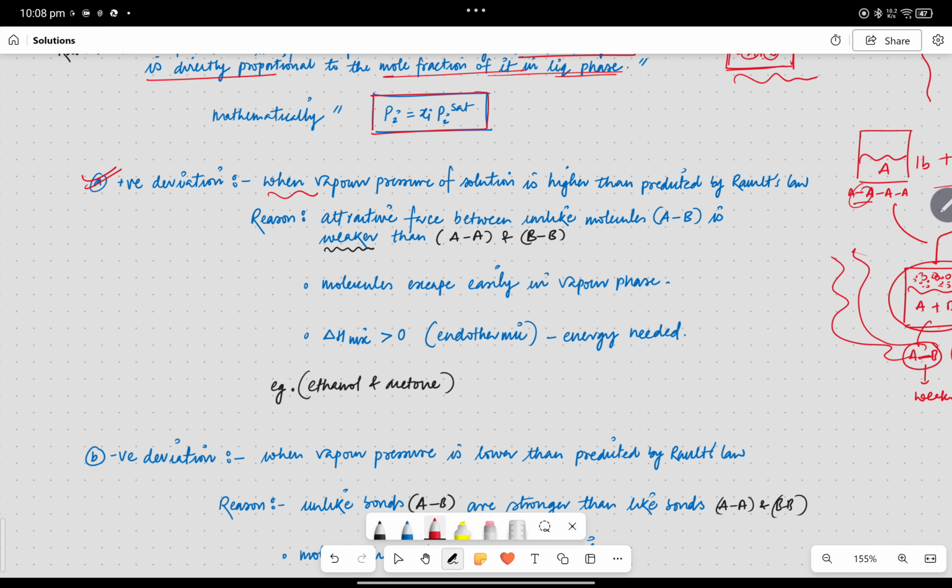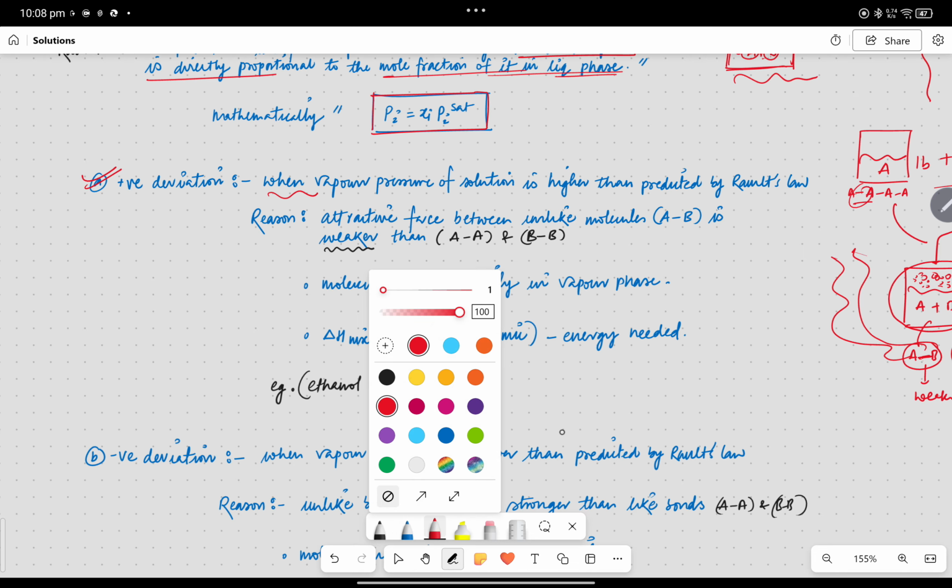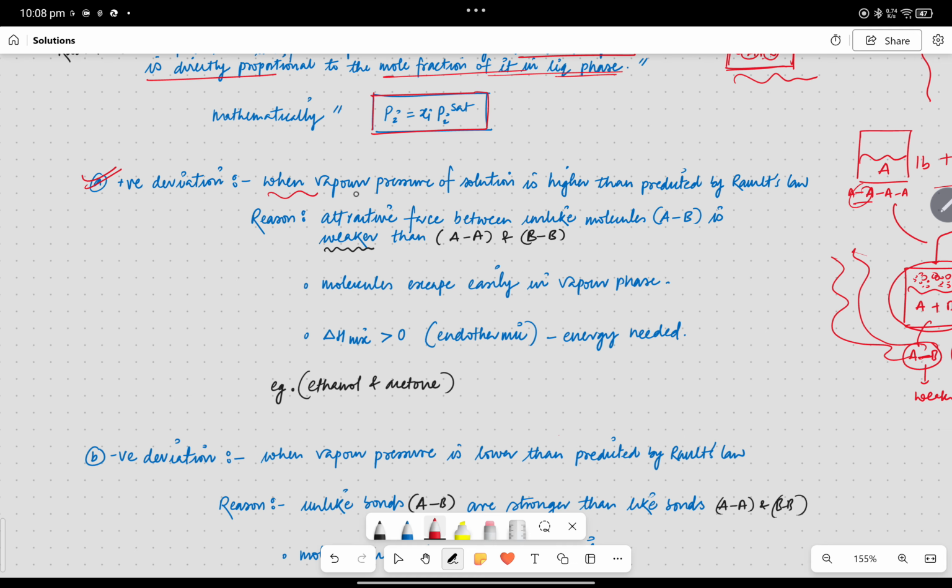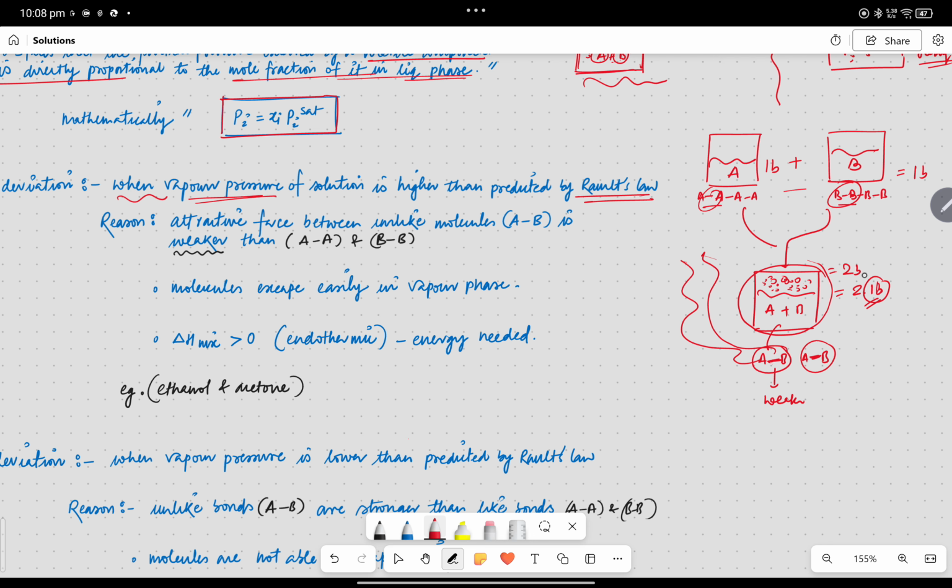Once you have cleared this concept, you can also work out negative deviation. Simple. Now you can understand by reading this: the vapor pressure of the solution is higher than predicted by Raoult's law. We predicted 2 bar, but now it is 2.1 bar because the AB bond is weaker than AA and BB.